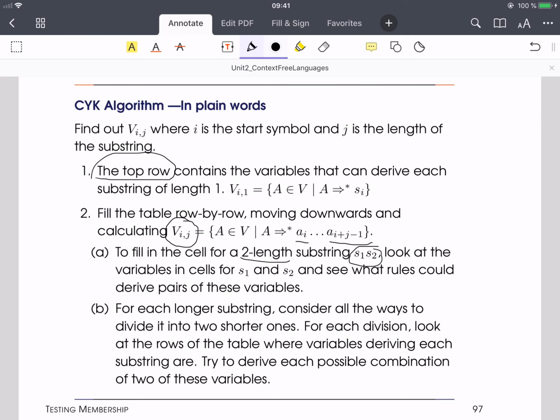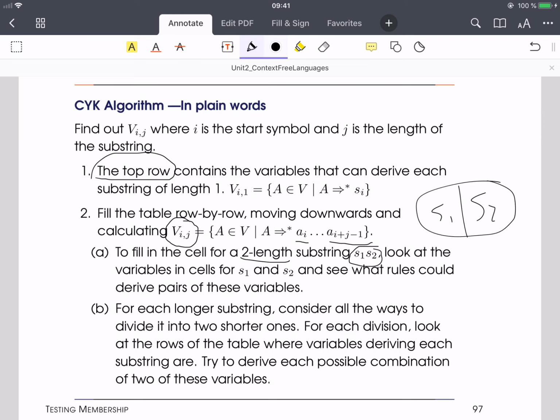We know that these strings can only be generated from a production that generates two variables, and then each of those variables generates the terminal s1 and the terminal s2. So we are looking for variables that produce pairs of variables, where the first of the pair generates s1 and the second of the pair generates s2. So what we are doing is in fact dividing the word into two parts.